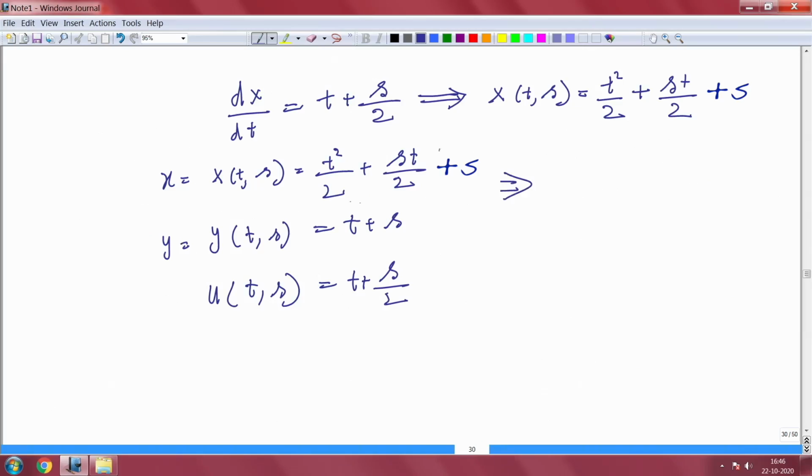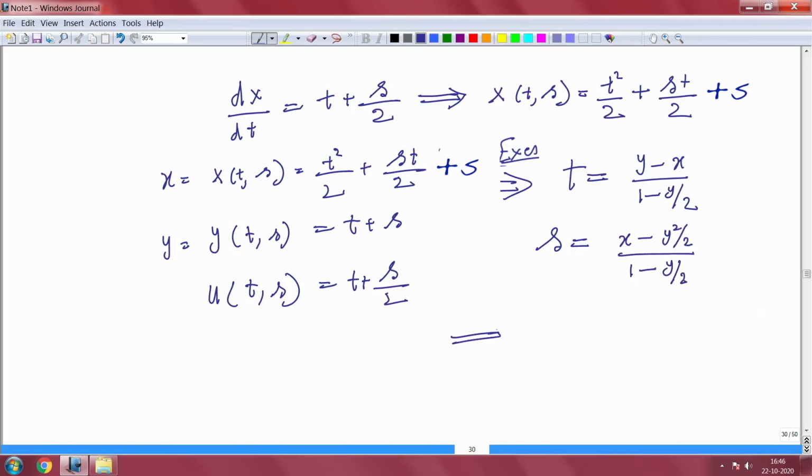That means you have to write down t and s in terms of x and y. I will not do the calculation, but I will write down the result; solve this equation as an exercise, it is simple. You get t is equal to (y minus x) by (1 minus y by 2), and s is equal to (x minus y square by 2) by (1 minus y by 2).